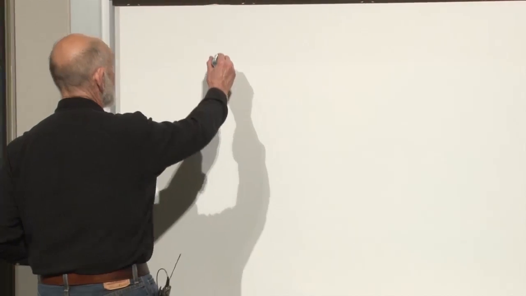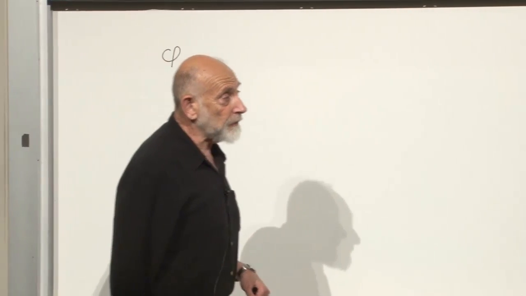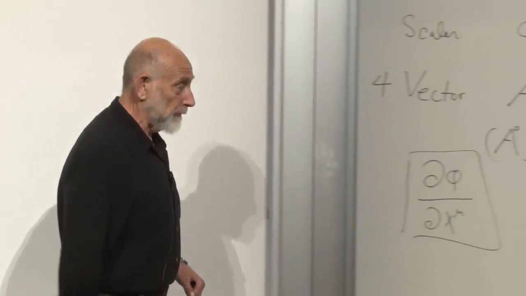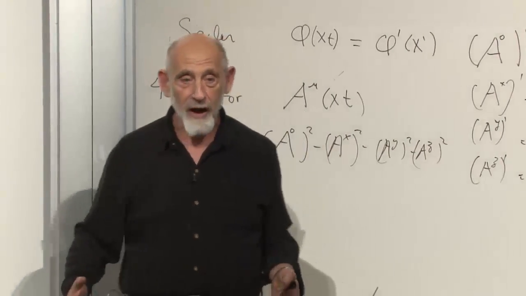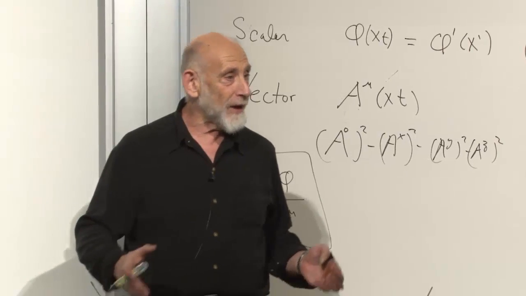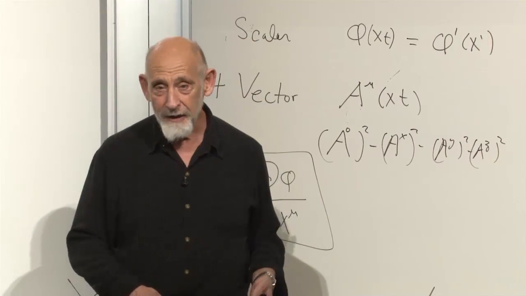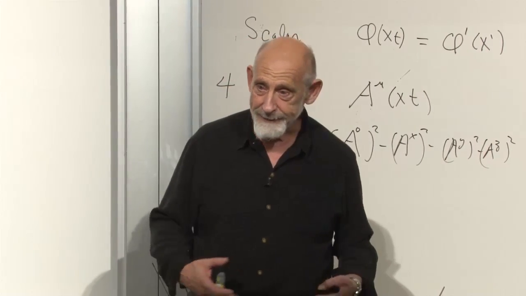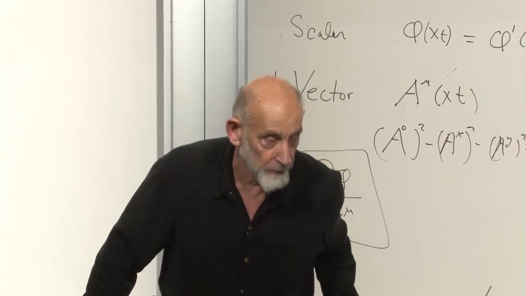What can we make? Well, phi itself is a scalar. Okay. But not only is phi a scalar, but any function of phi is a scalar. If everybody agrees on the value of phi, they will also agree on the value of phi squared, phi cubed, the hyperbolic cosine of phi, functions of phi will also be scalars.